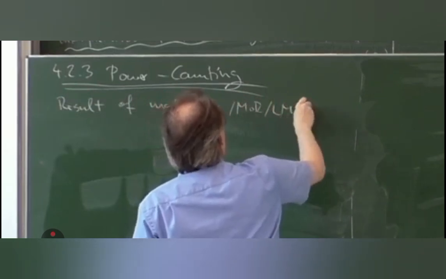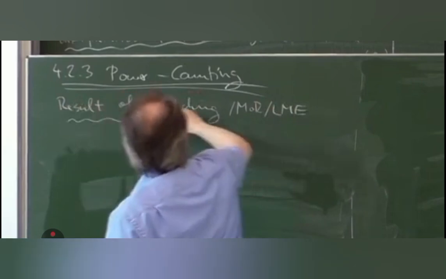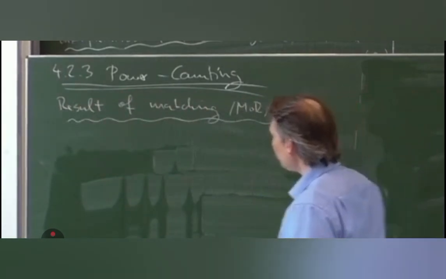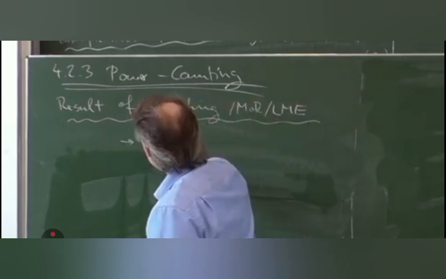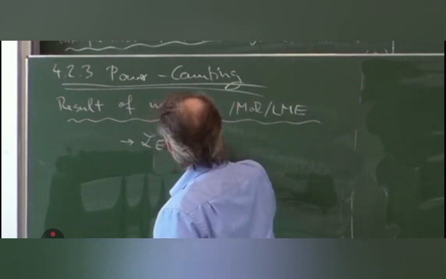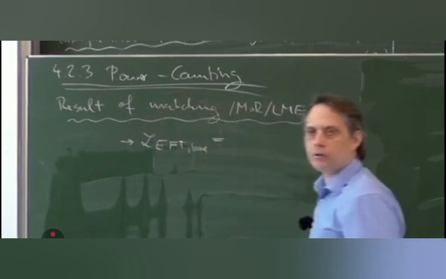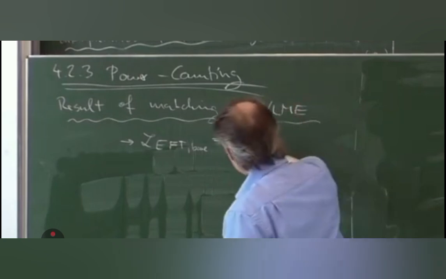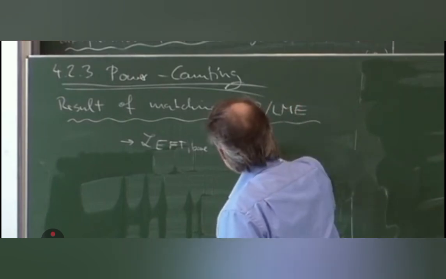So thinking about applying method of regions or large mass expansion to obtain the EFT, this makes clear that our EFT bare Lagrangian is in any case a sum of many, many local terms, which can be written as follows.